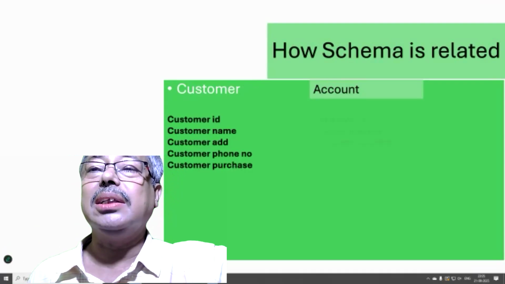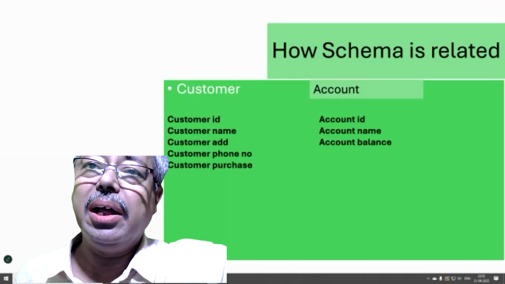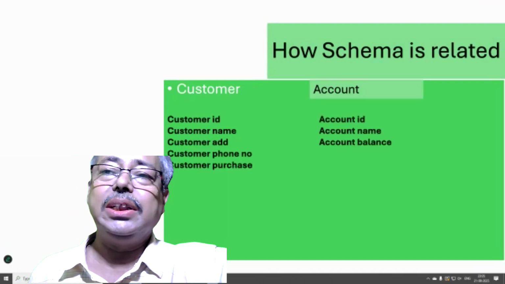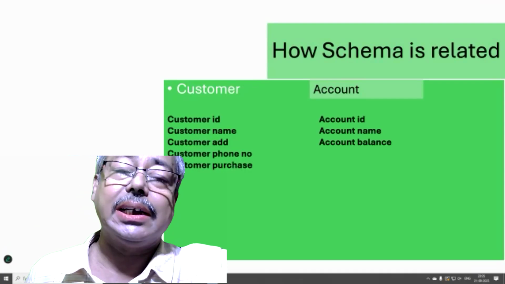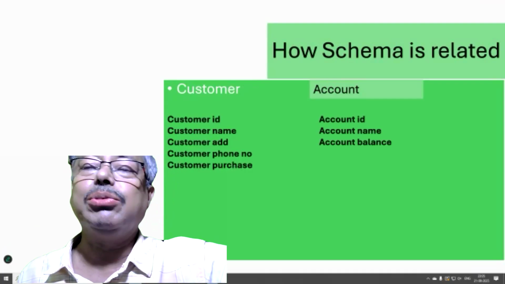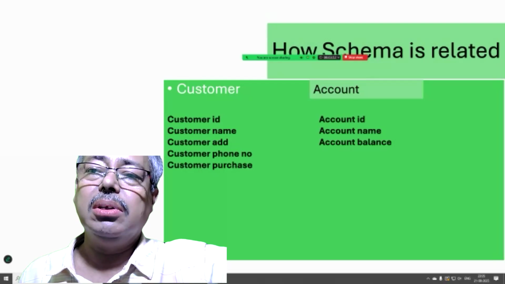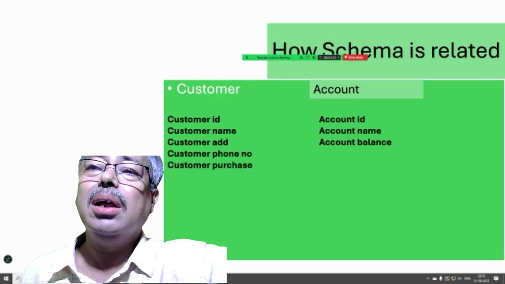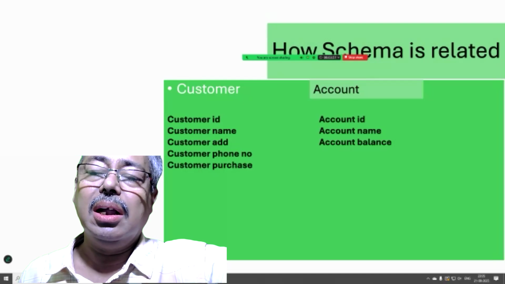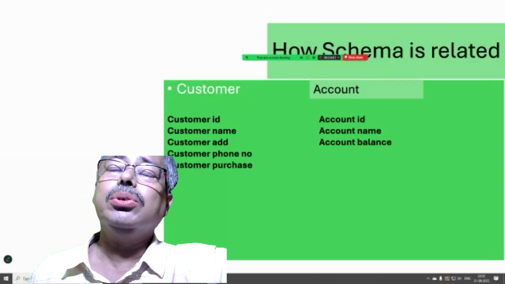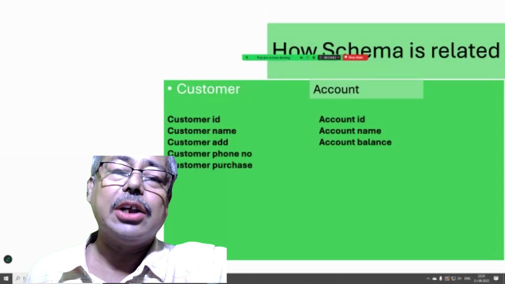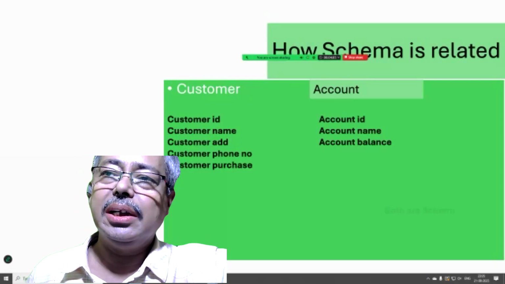On the other hand, there is an account against that customer: account ID, account name, account balance or purchase value, how many items he purchased, etc. So customer is a schema, and account is a schema.